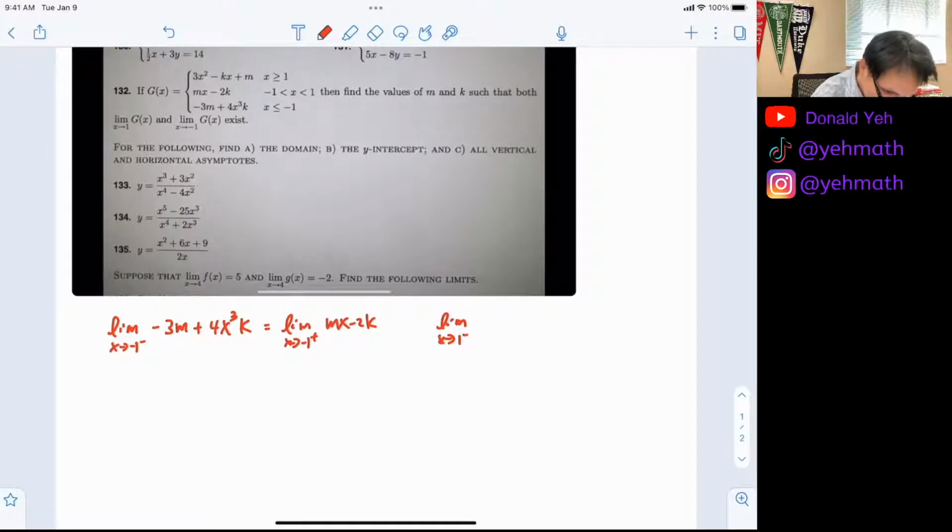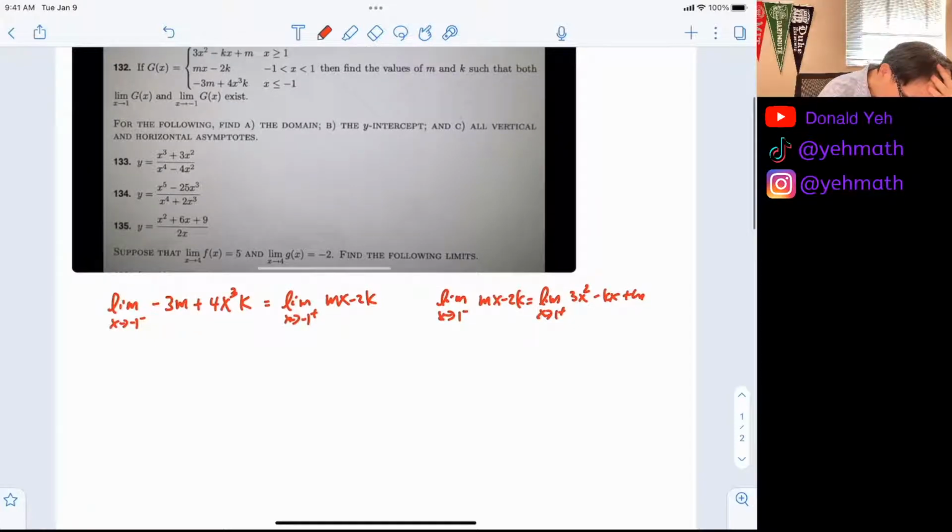Mx minus 2k. Okay, that is equal to the limit as x approaches 1 from the positive side. Okay, Devin. 3x squared minus kx plus m. Good job. So now this is the first statement I'll create, because they have to equal each other, right?